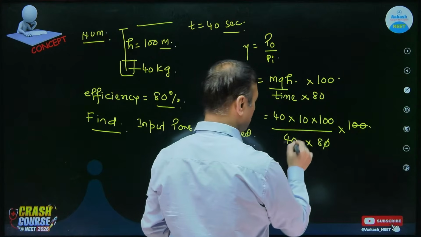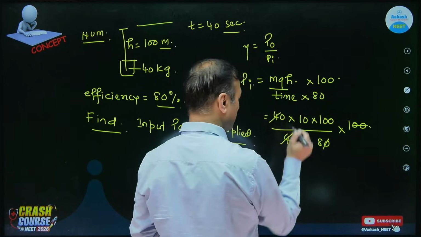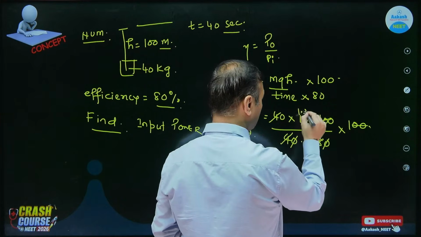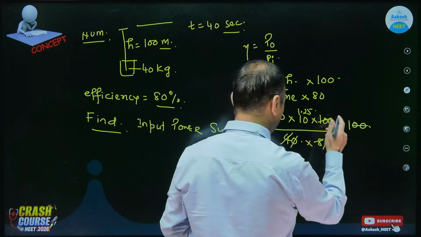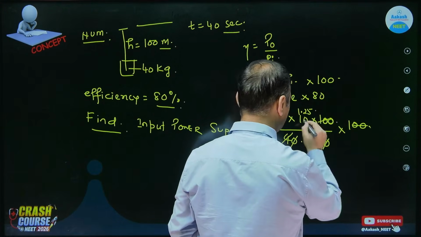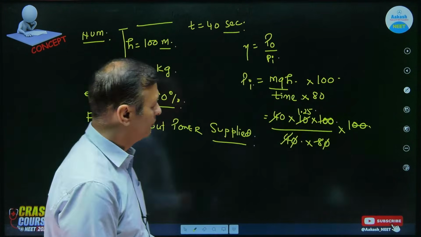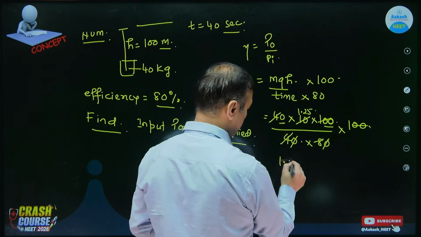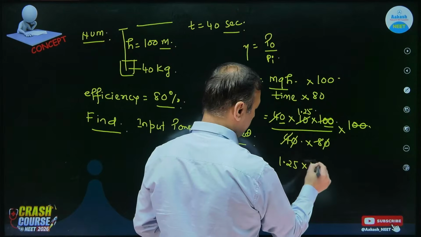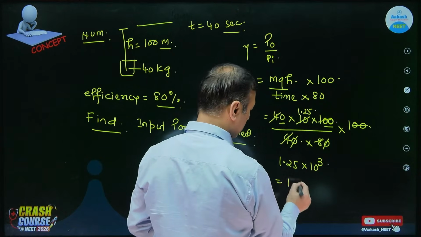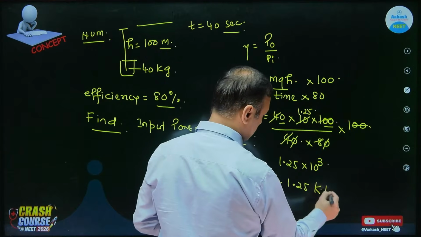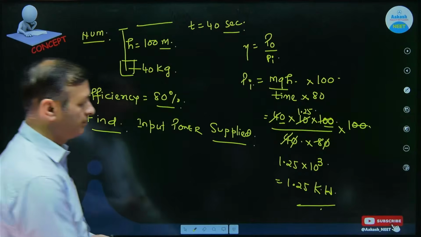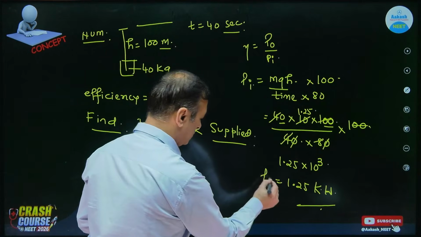So this makes 1.25 rather, and we'll keep this 100 intact. We'll just simply kill it with this. So 100 and this 0, so that makes it 1.25 into 10 raised to power 3, or 1.25 in terms of wattage. We'll simply put it as kilowatt. So this is the input power supplied.